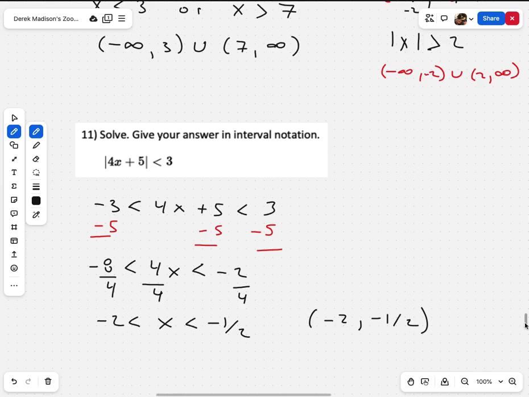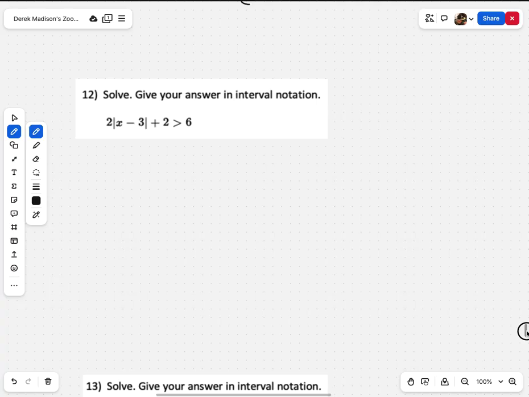Scroll down. Same basic thing, we just have a few more pieces around the edges. So for here, we'd want to isolate the absolute value first, same as we did for the equations. So let's go 2 absolute value x minus 3, and we'll subtract that 2 over, and that's going to make this a 4.